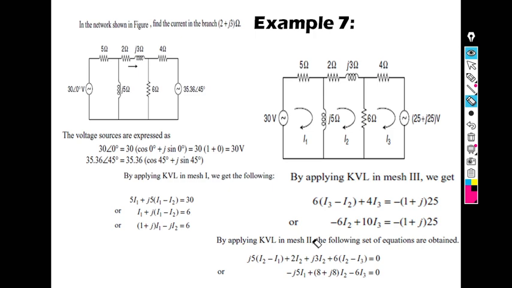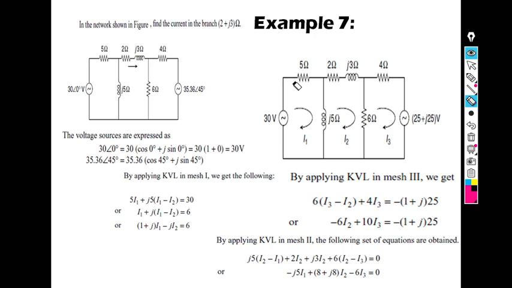Clear? I hope it is clear, because mesh analysis is clear, and how to convert from polar to rectangular form is clear. The inductor is already given in rectangular form, so it is not a big issue, and you are taking it as a passive element. In case of a passive element, what we said is that the primary loop current will enter from plus to minus, and we will check which is opposite in case of the other loop.